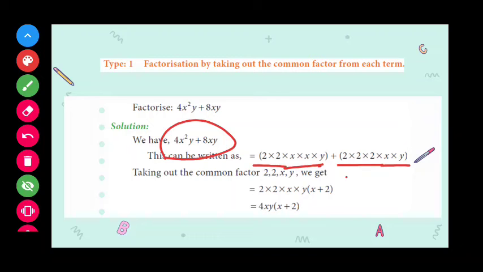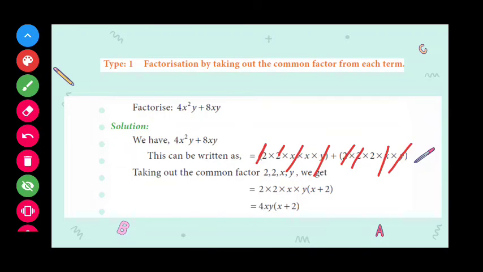Now we take out the common terms: 2, 2, x and y, so 2 into 2 into x into y in common. The remaining term is x and 2, so x plus 2 stays inside. The final answer is 4xy into x plus 2. This is the first way to find factors of an algebraic expression, and it is the simplest way.